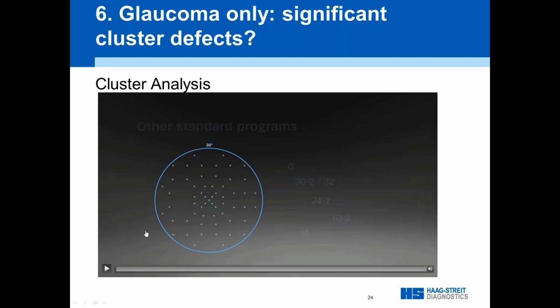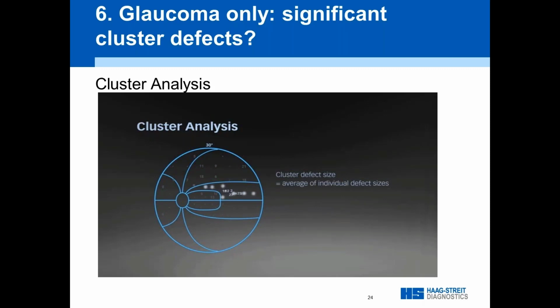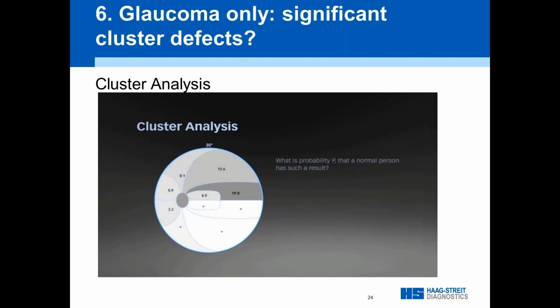What we basically do is we take the comparisons representations that we have, the defect size at different locations, and then we cluster them in 10 clusters following retinal nerve fiber distribution. And out of that cluster, we take all these individual defects and we make an average, a cluster mean defect.